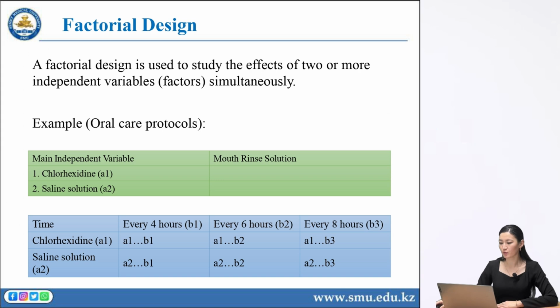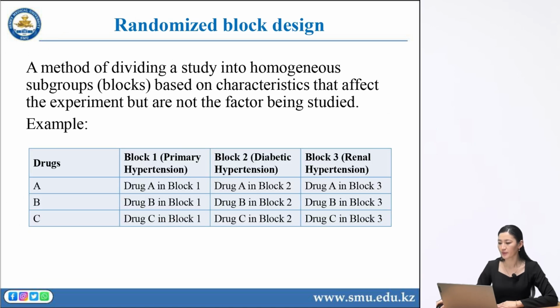Next, randomized block design. A method of dividing a study into homogeneous subgroups, blocks it means, based on characteristics that affect the experiment but are not the factor being studied. For example, on this table each block represents a combination of different variables.